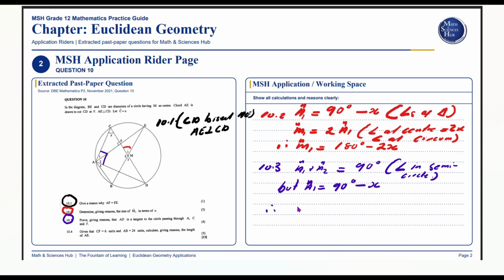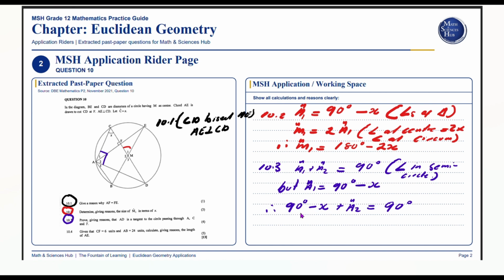Therefore, when we substitute angle A1 here, which is 90 degrees minus x, plus angle A2, this is going to give us 90 degrees, which is this one. So we just replace A1 with 90 minus x.